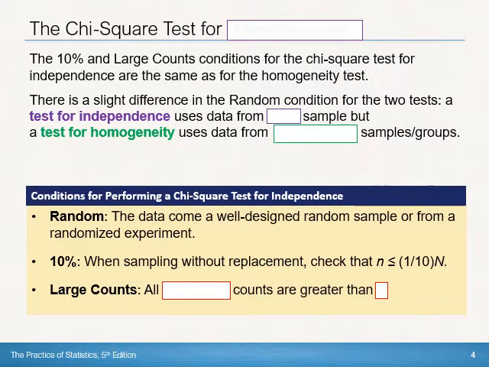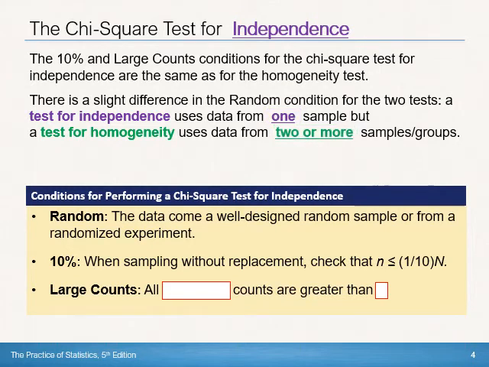So the chi-squared test for independence, right? To differentiate between the test for independence and the test for homogeneity, the test for independence has just one sample from one population. For homogeneity, we have two different samples from two different populations based on some criteria, like maybe a sample of males and a sample of females.